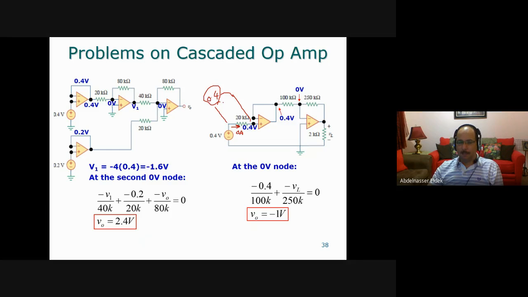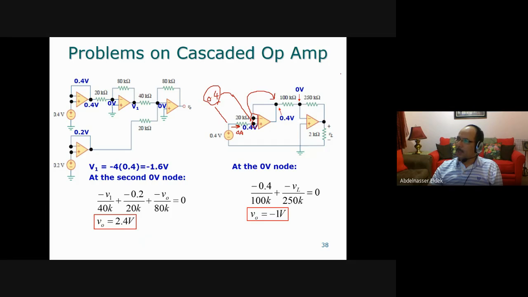Both of them are the same. Why? Because you don't have voltage drop on the 20K because the current is 0. Now this point is 0.4, then this is also 0.4, then this is also 0.4. So we're done with the first stage. These 3 black nodes here are all 0.4 volt.